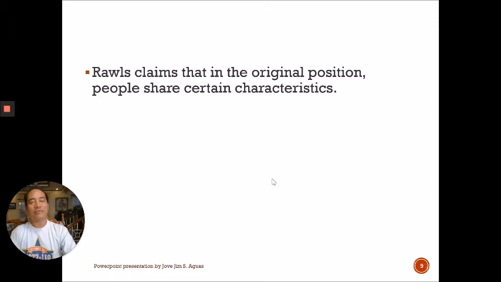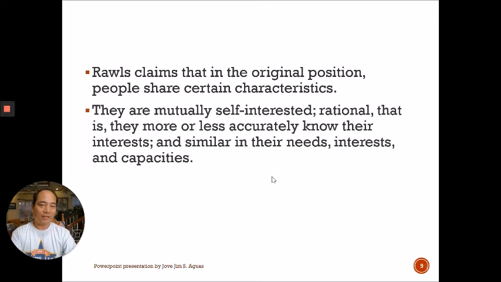So he claims that in the original position, people share certain characteristics. They are mutually self-interested, meaning they have to work for their own personal interest, but they are rational, meaning they more or less know their interests, and also the interests of others.